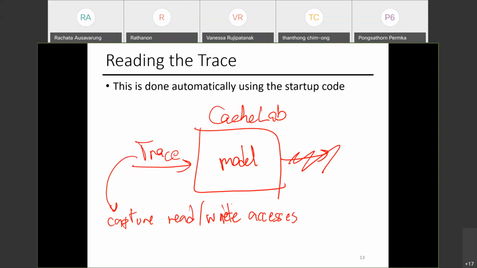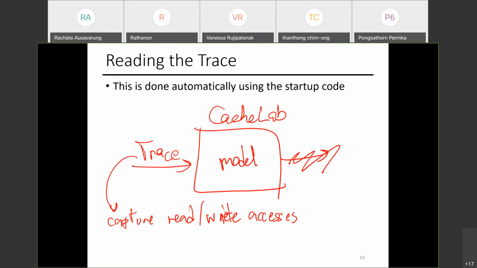And then the main function, if you download the code, you will find that I actually built in the printing that says, okay, we finished running the trace. This is the performance: the number of hits is this many, the number of misses is this many, and how many cycles it would take. Basically, that's a clock that keeps going.